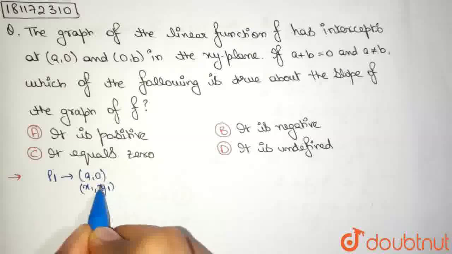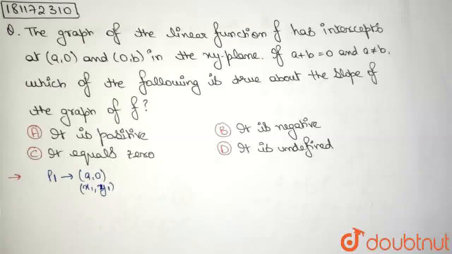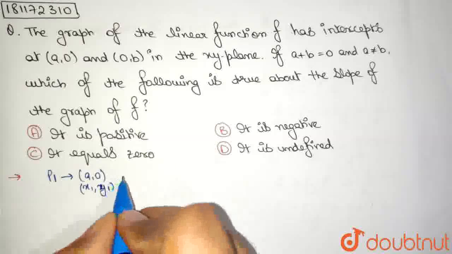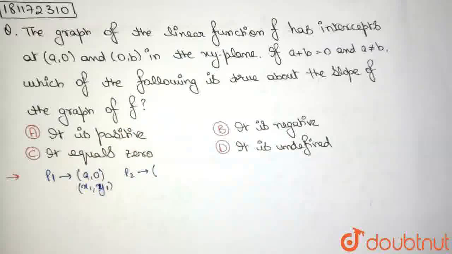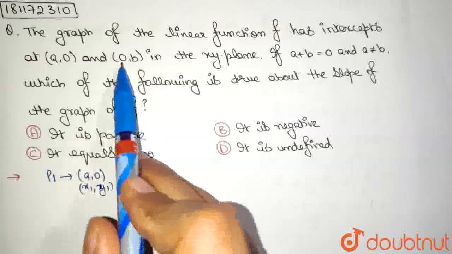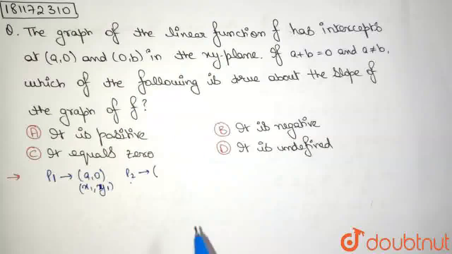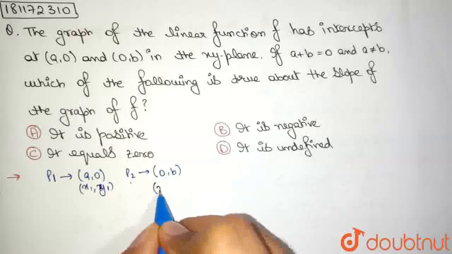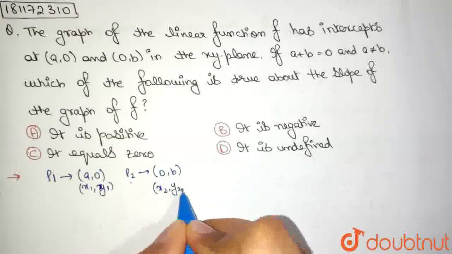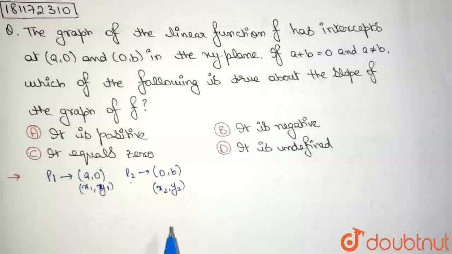Similarly, I have point p2 as 0, b. It is given to us as 0, b, so I am labeling it as p2. So this is 0, b, and I can say this is nothing but x2, y2 because this is point p2. So subscript 2 is being used, right?